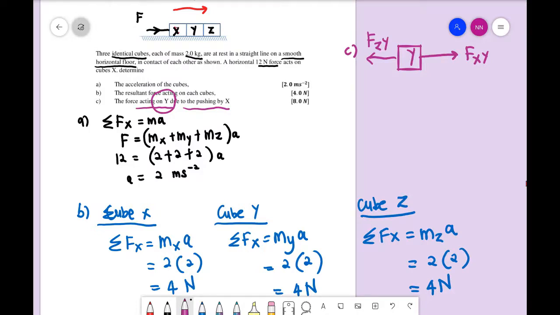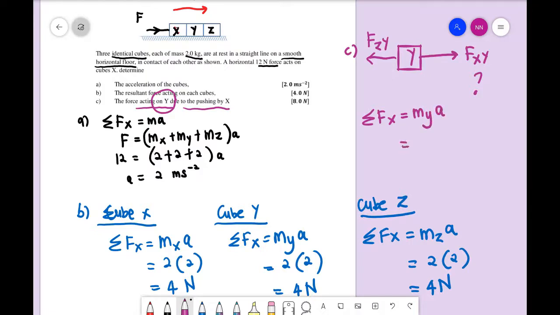So we want to find the force on Y due to X. Net force equals mass Y times a.